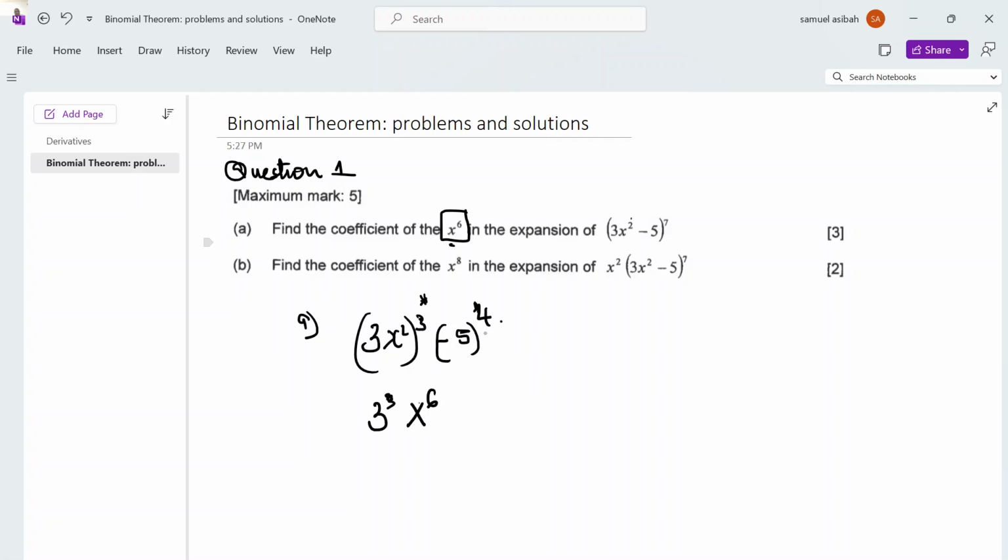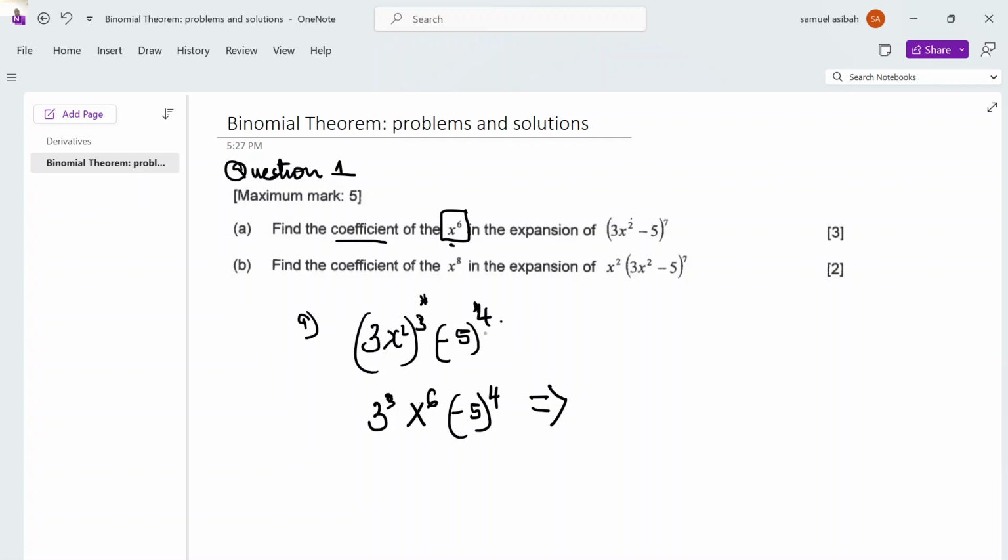Now this is what they are talking about in the question. So in this condition, what will be the coefficient of this particular term? We all know that when you have reached here, you can use binomial combination, which is very easy.